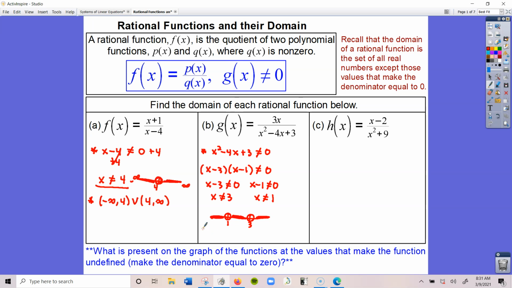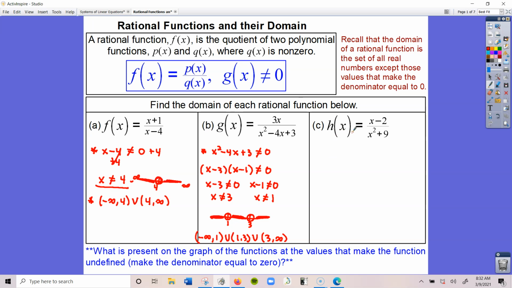So the domain would be from negative infinity to 1, again parenthesis because it's not included, union, parenthesis 1 to 3 because that middle section is also okay, and I put a parenthesis around the 3 again because it's not included, union 3 to infinity. And that would be my domain for this particular function.